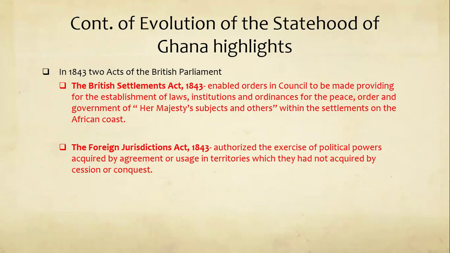The British government allowed the merchants to take over. And the committee, which was put in place to see to the administration of the forts and castles, was put under the chairmanship of Captain George Maclean, whom we all know.